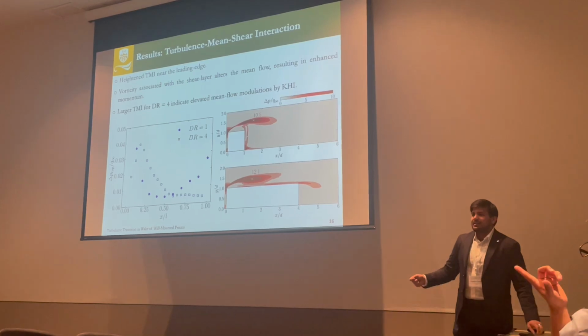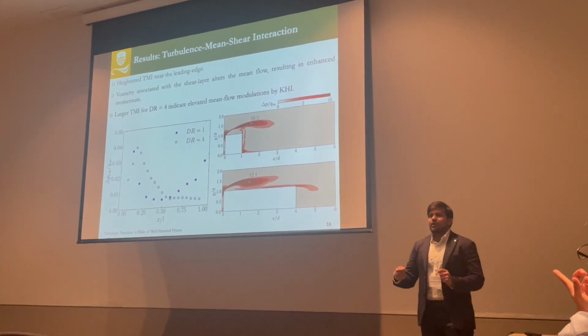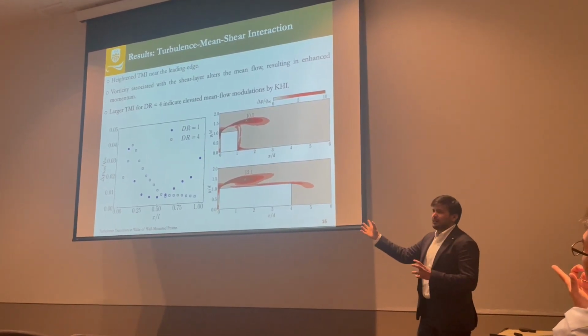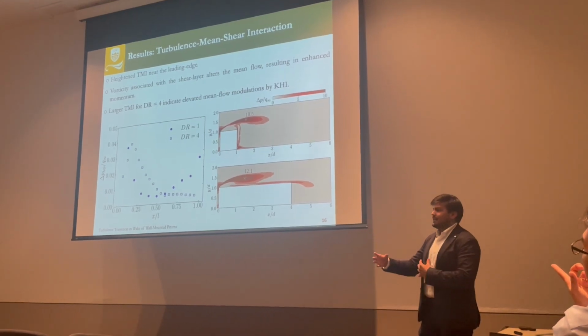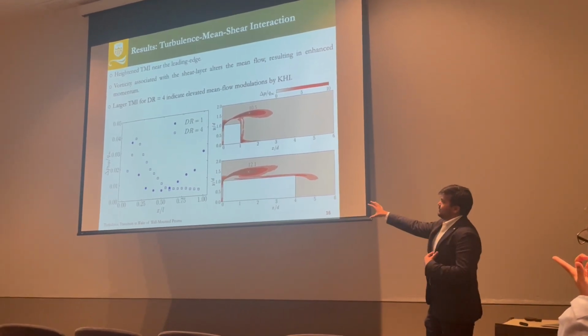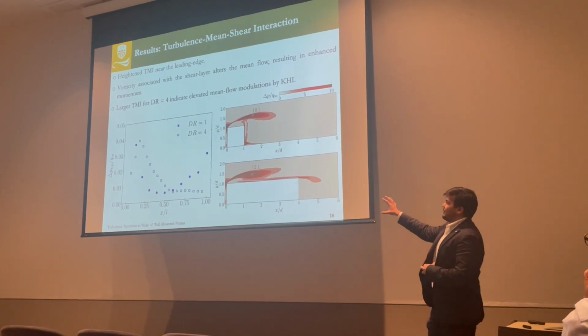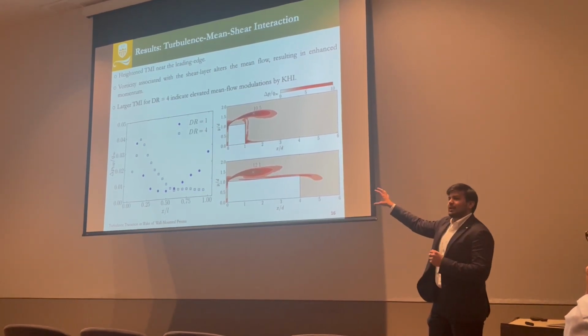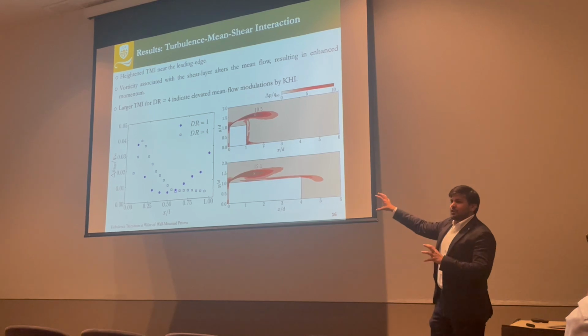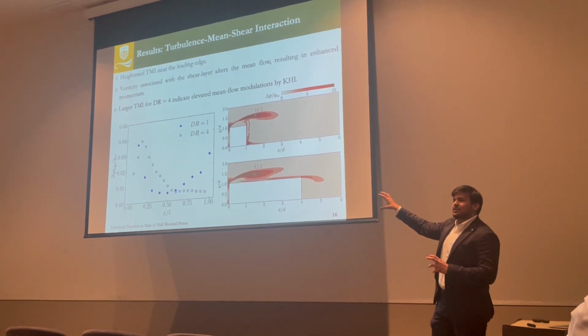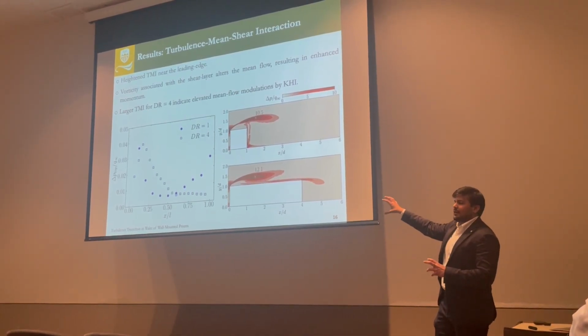Now, the turbulence mean interactions point towards the mean flow modulation by this leading edge shear layer instabilities, which in case of the long prism, happens close to the leading edge, close to the location where the motion of that unsteady shear layer was most prominent that we saw earlier.